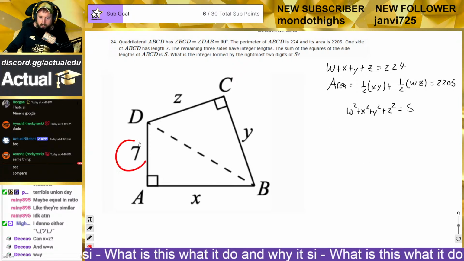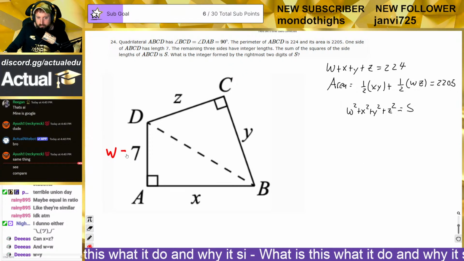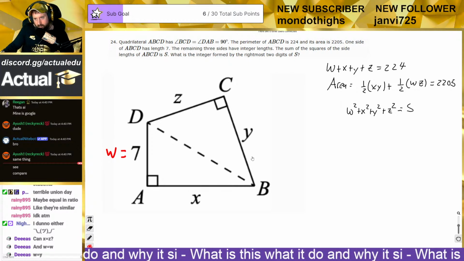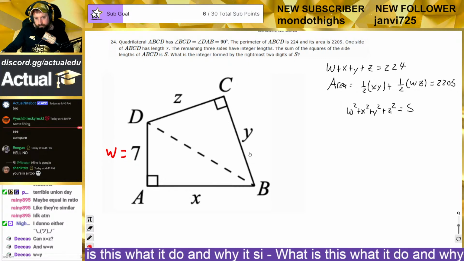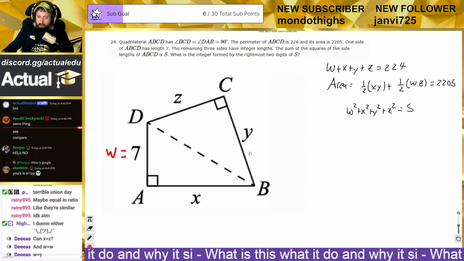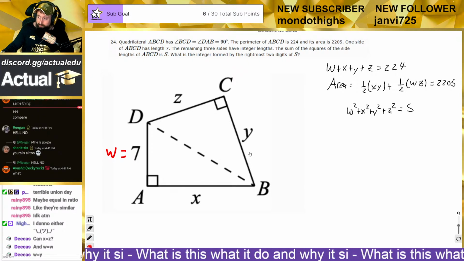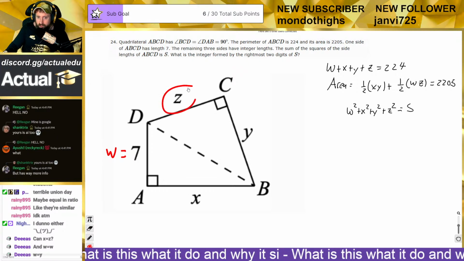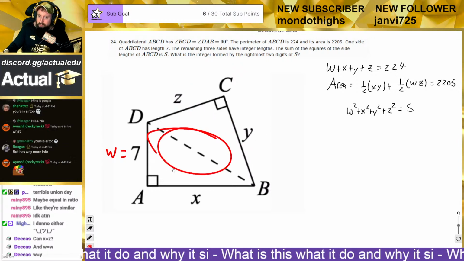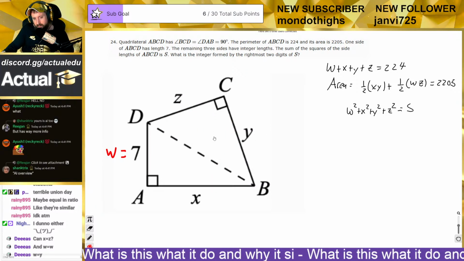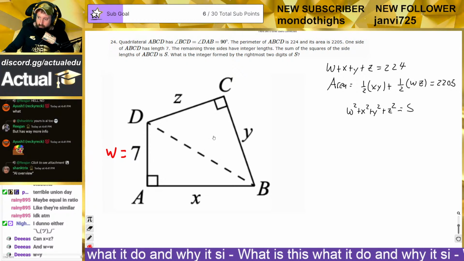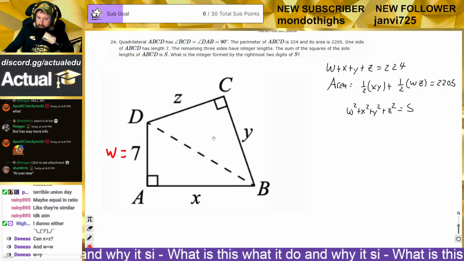So they called this W, basically. I said W equals 7. The cool thing is we know everything else has to be an integer, right? So this squared plus this squared has to equal... well, this doesn't necessarily have to be an integer, but I assume it would have to be. Right?